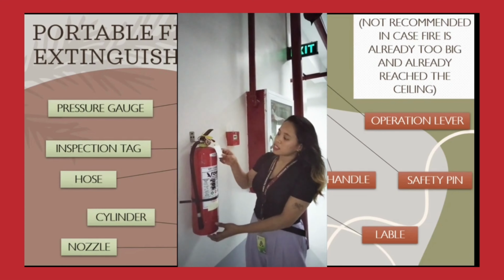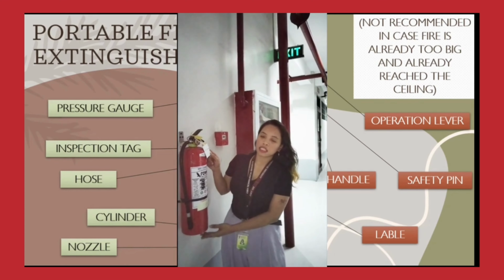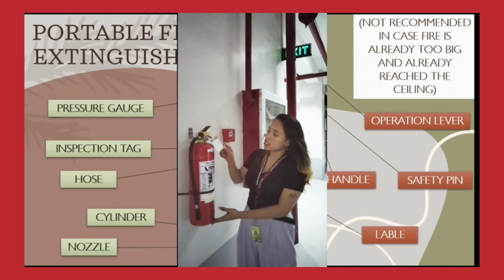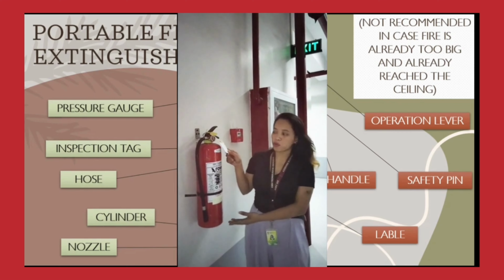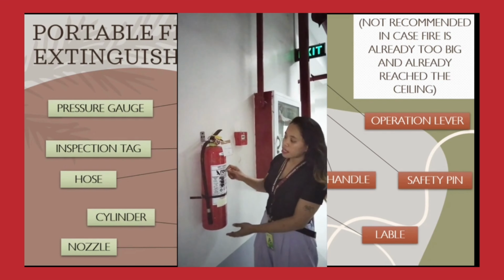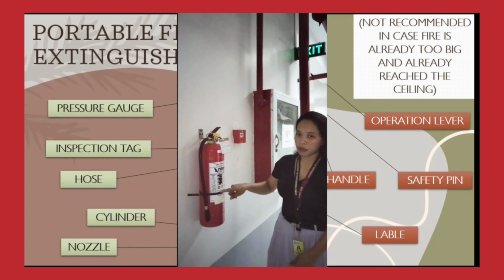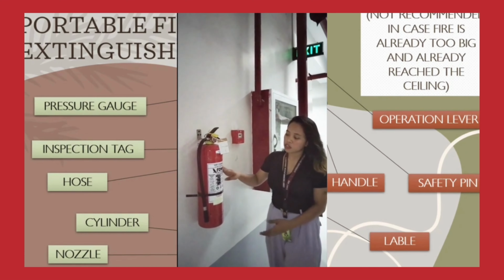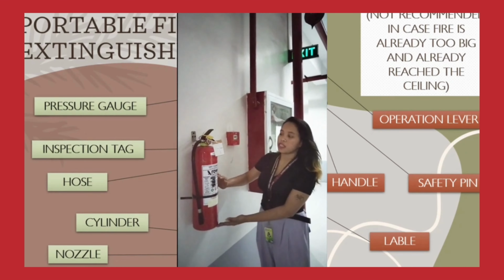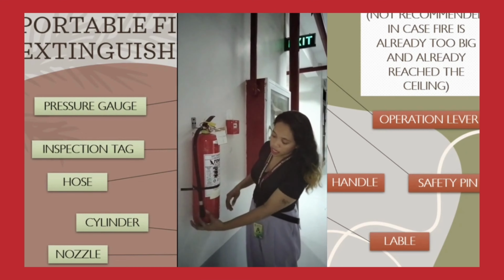And this is the inspection tab. So all fire extinguishers has inspection tab, and it has a sign of the authorized person that this is approved to be used. And this is the cylinder, and you can see here the label. And if ever you forgot how to use the fire extinguisher, then you can just read the label here. And this is the hose, and this is the nozzle.